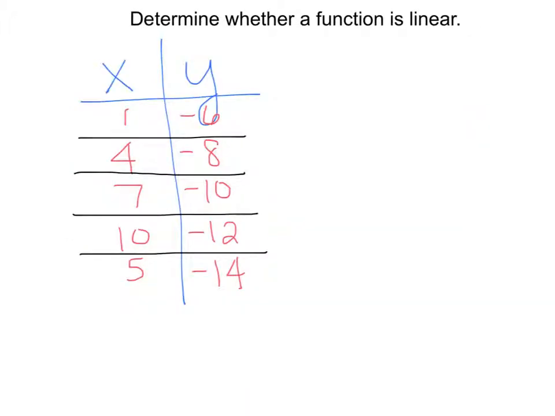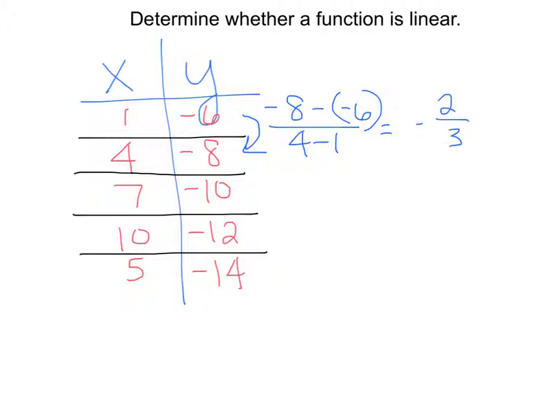So to determine if a function is linear, you want to determine the rate of change among each number. So the rate of change from the first set of numbers to the second set. So you figure that out by saying -8 minus the -6, so the change in y, over the change in x, equals -2/3.